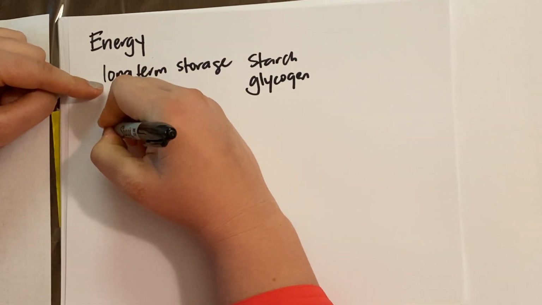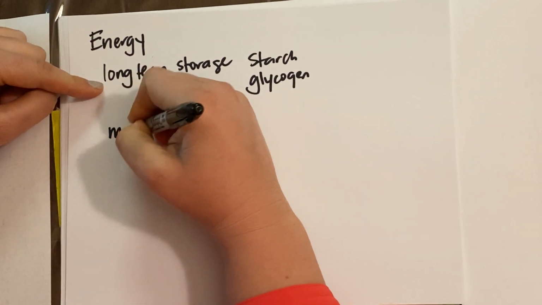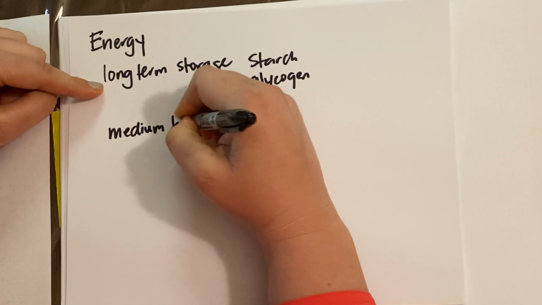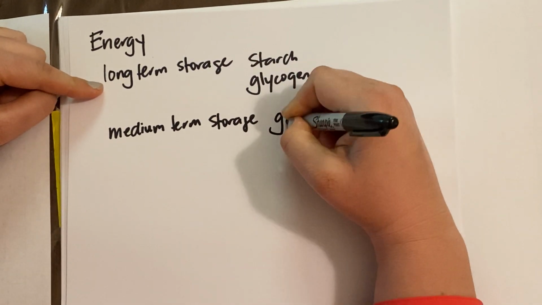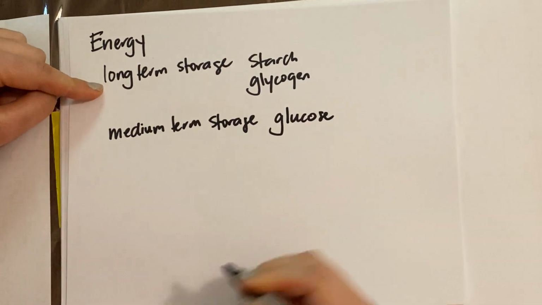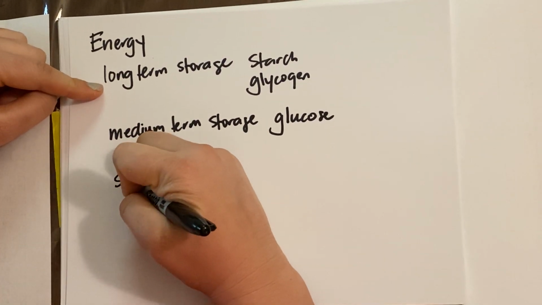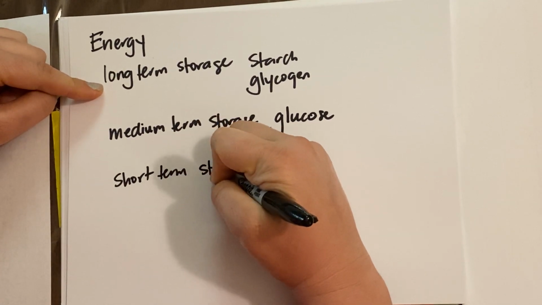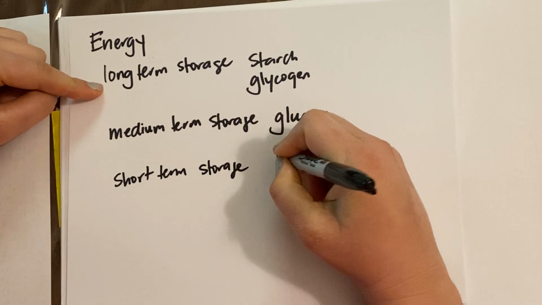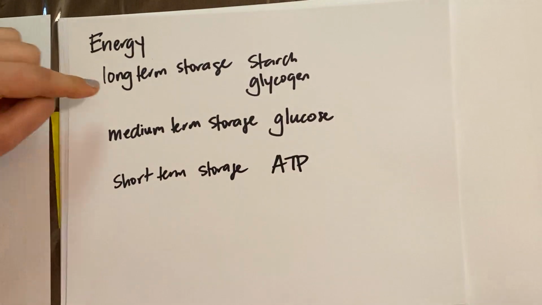We also kind of have a medium term storage. We can think of glucose, okay? And then we have these kind of short-term storage molecules. And that's going to be something like ATP, okay?